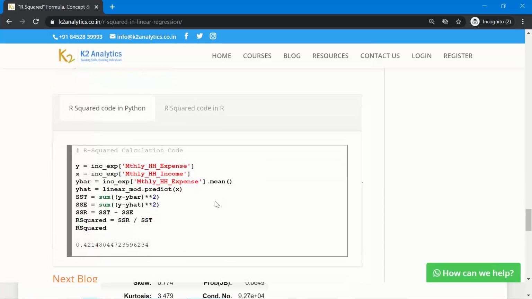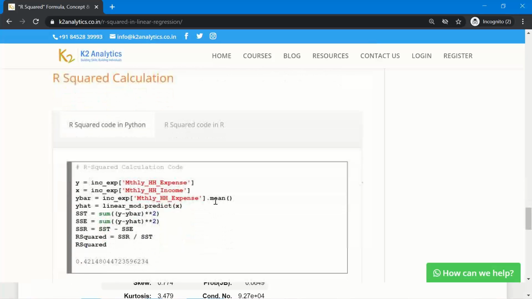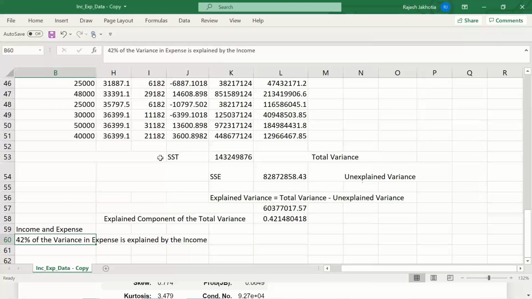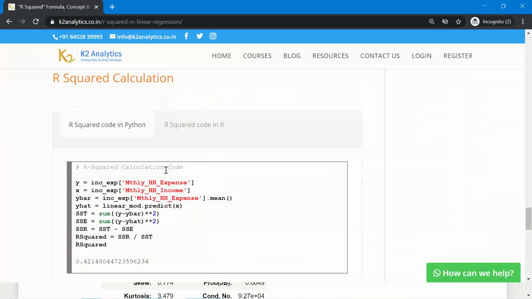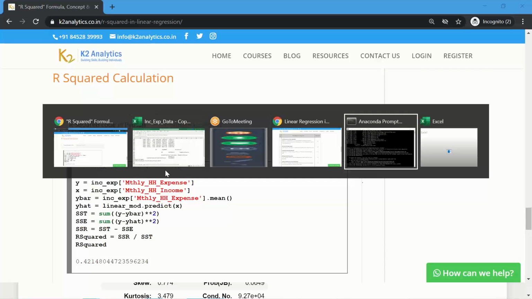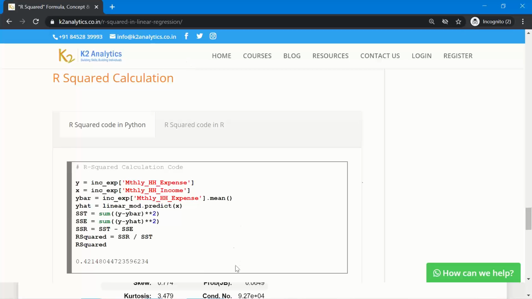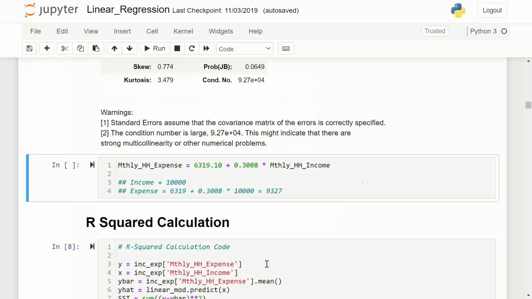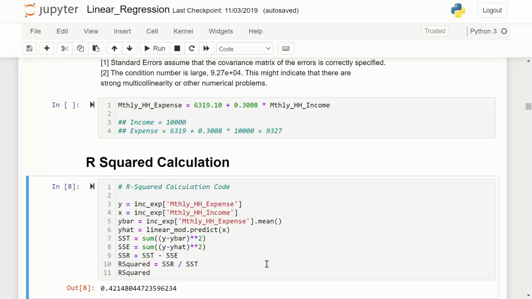How to compute R squared in R using the calculation, or how to calculate R squared in Python? I can use all of these steps and calculate. So let me just show now the calculation. I am sure by now you would realize that calculating all of this is less important than understanding the concept. So here, R squared calculation in Python, just for knowledge's sake, I'm capturing the monthly expense as a Y variable.